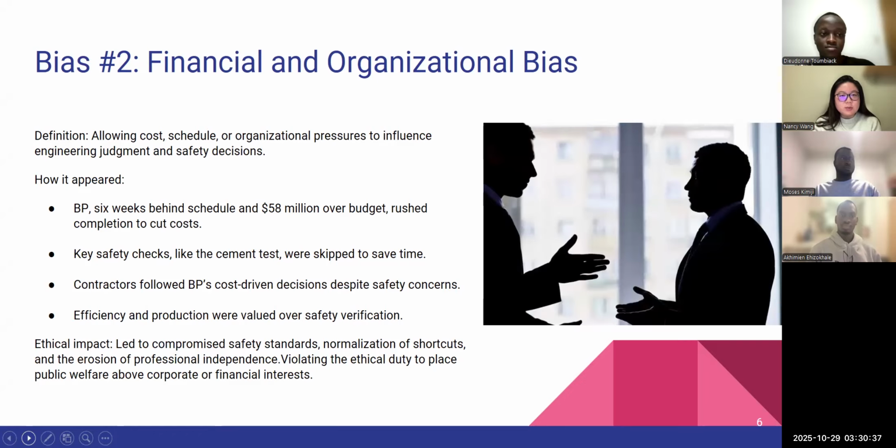The second bias we found here would be the financial and organizational bias. As the accident happened, BP, the company, had encountered being 6 weeks behind schedule and 58 million over budget. This directly caused them to decide to skip some key safety checks, including the cement test, which is the direct cause of the accident.